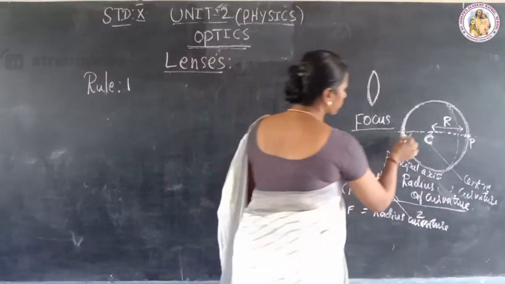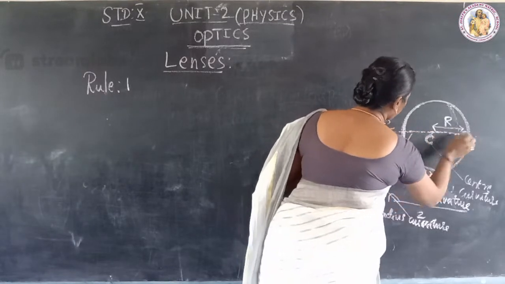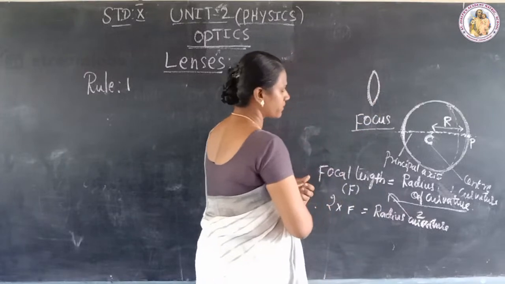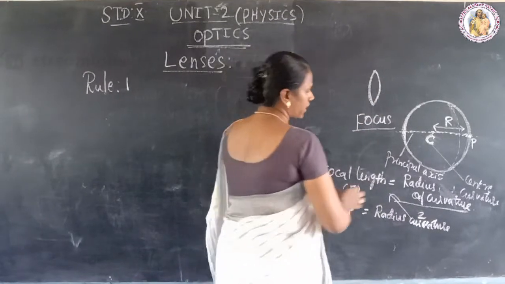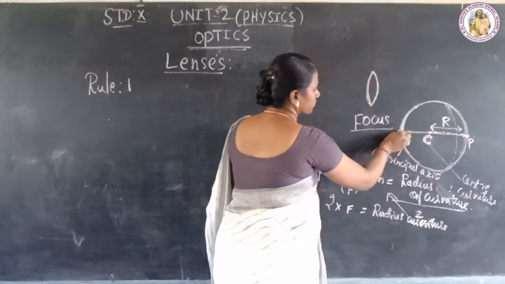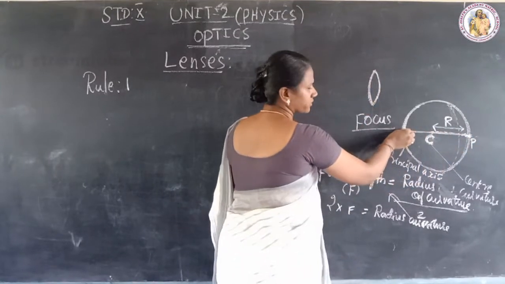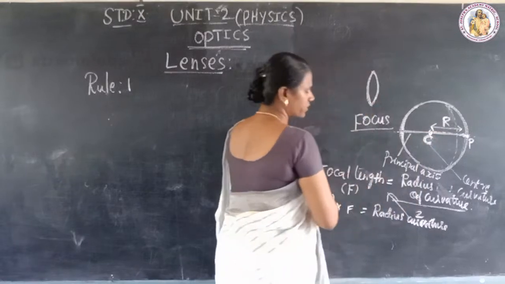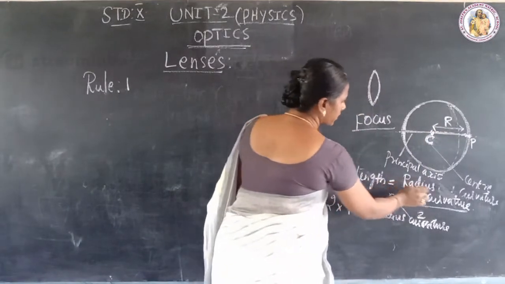So this is the focal length, radius of curvature by 2. So R by 2 is making the focal length. That is the relationship between the focal length and the radius of curvature.